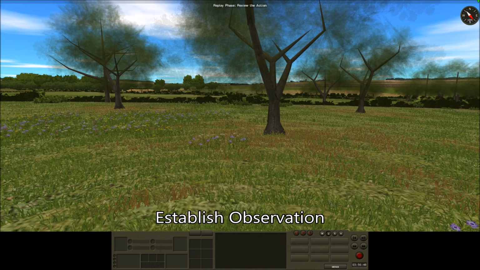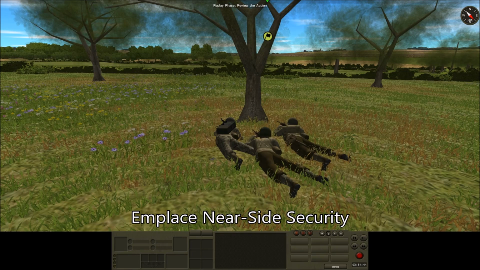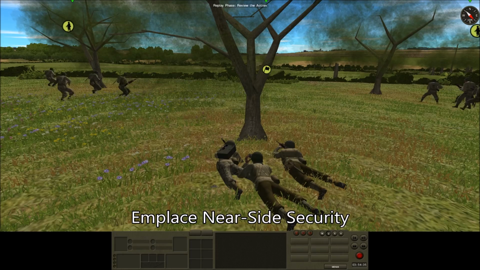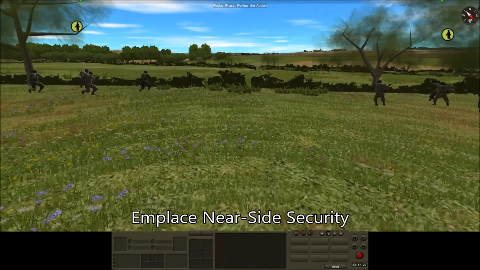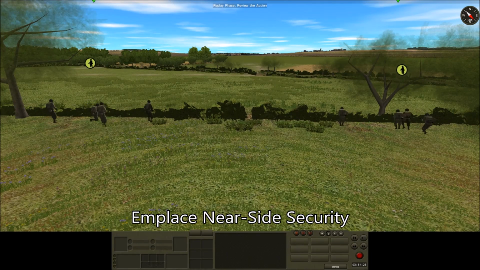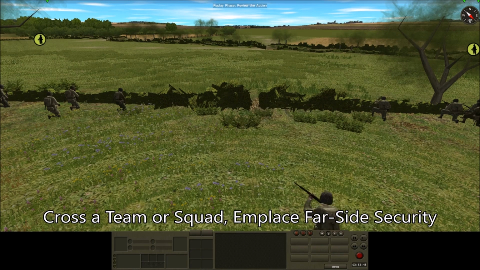A linear danger area is an area where the platoon's flanks are exposed along a relatively narrow field of fire. Examples include streets, roads, trails, and streams. Crossing a linear danger area can be summarized as follows.